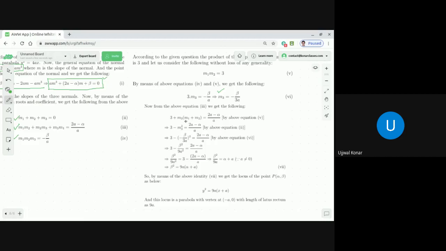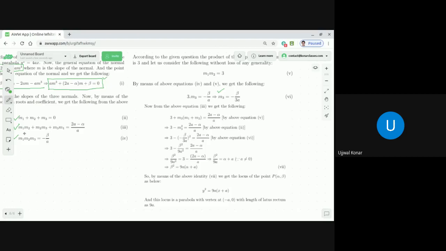Then m2, m3 plus m3, m1 is equal to m3 into m1 plus m2. Correct or not?